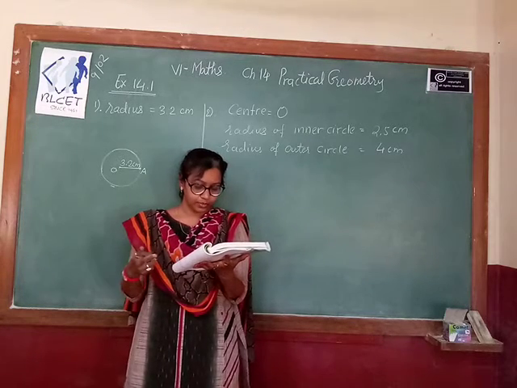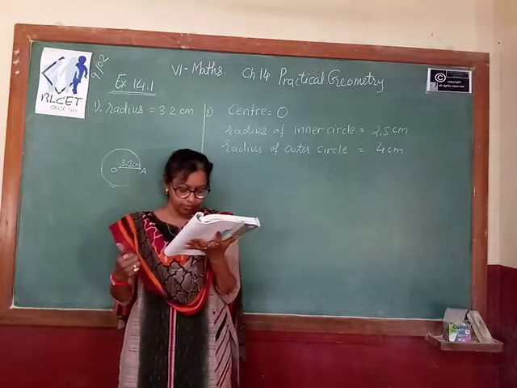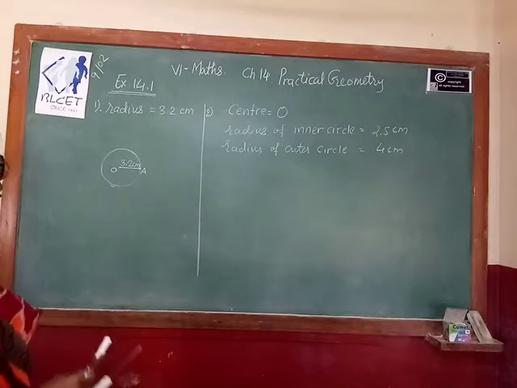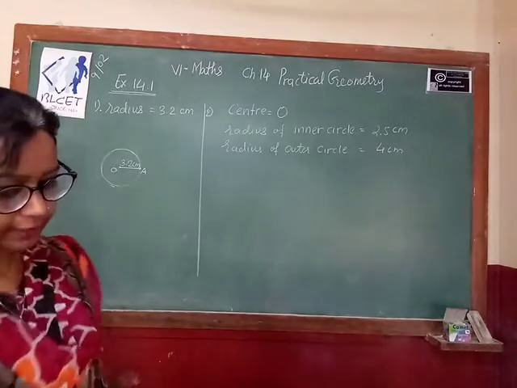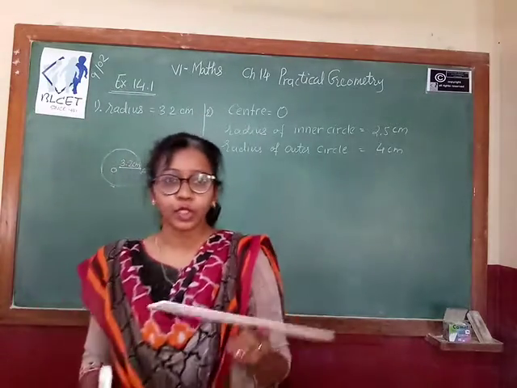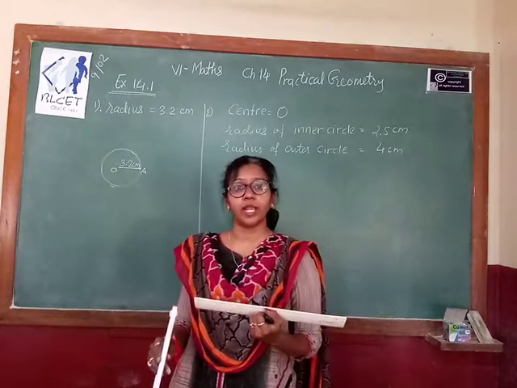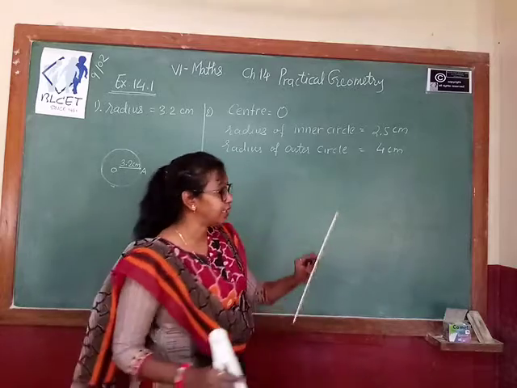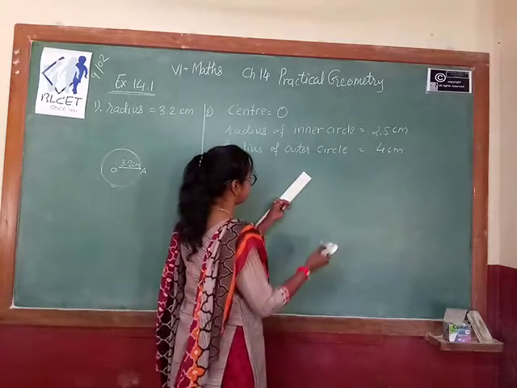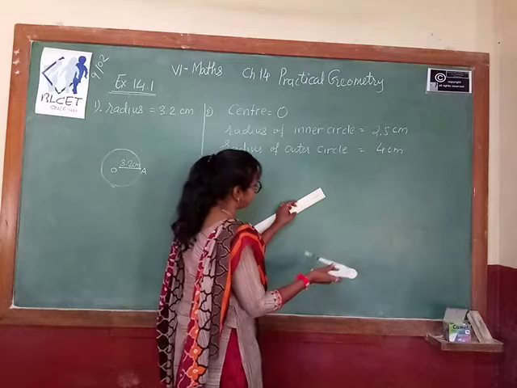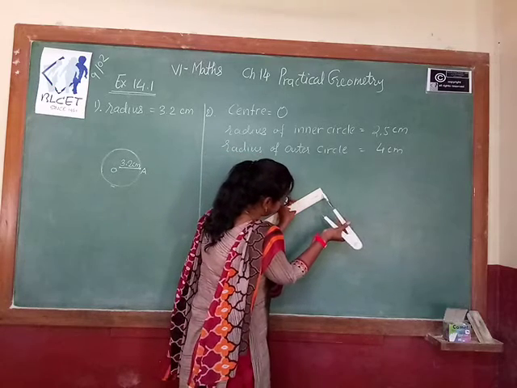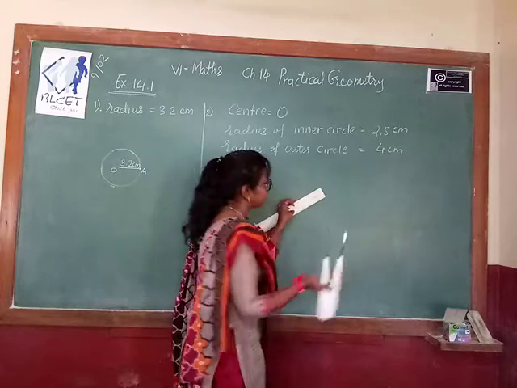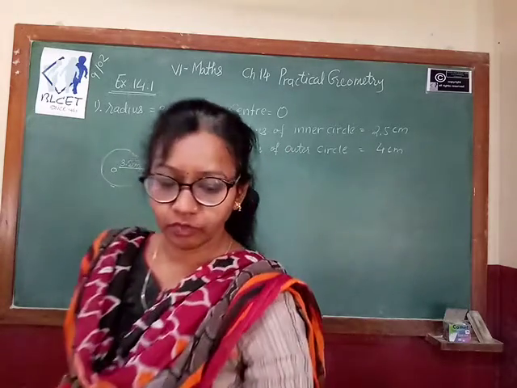So here we are using two radii, one is 2.5 cm for the inner circle and one is 4 cm for the outer circle. 2.5 is in between 2 and 3, and 4 cm you can take directly on the ruler. Keep your scale like this, and first we measure 2.5. This is the start, and this is the perfect measurement of 2.5.